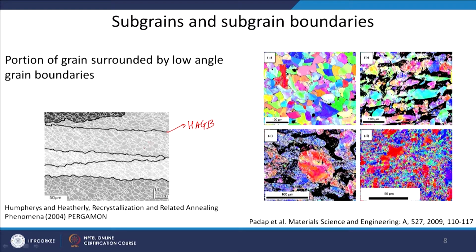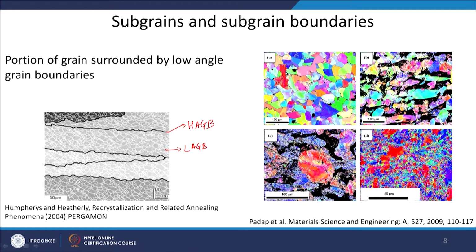Within that there are a large number of white colored boundaries, and these are all low angle grain boundaries. The portions surrounded by these low angle grain boundaries are called subgrains. So, a grain is subdivided into subgrains due to the deformation process.